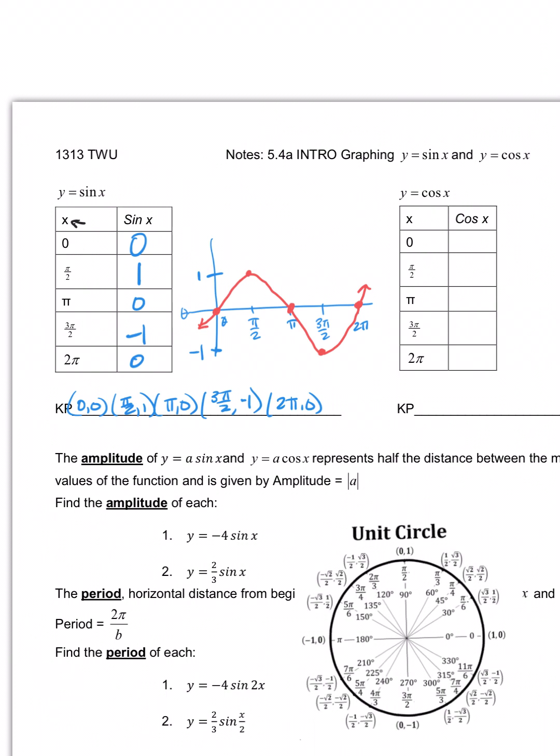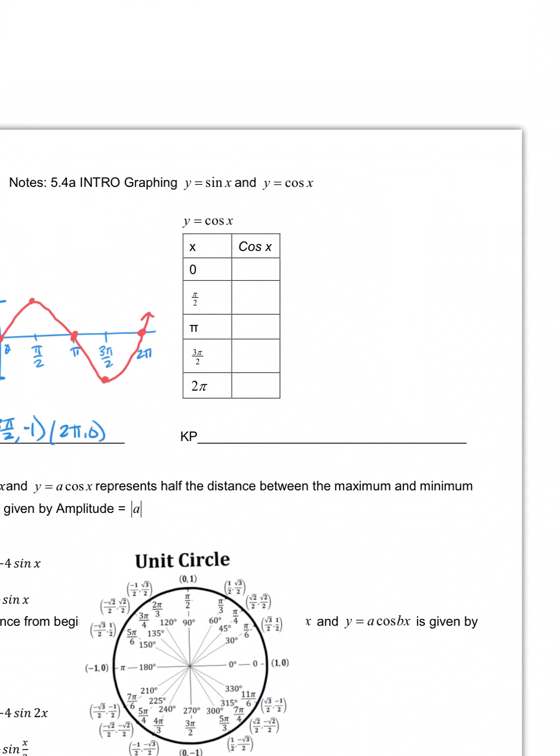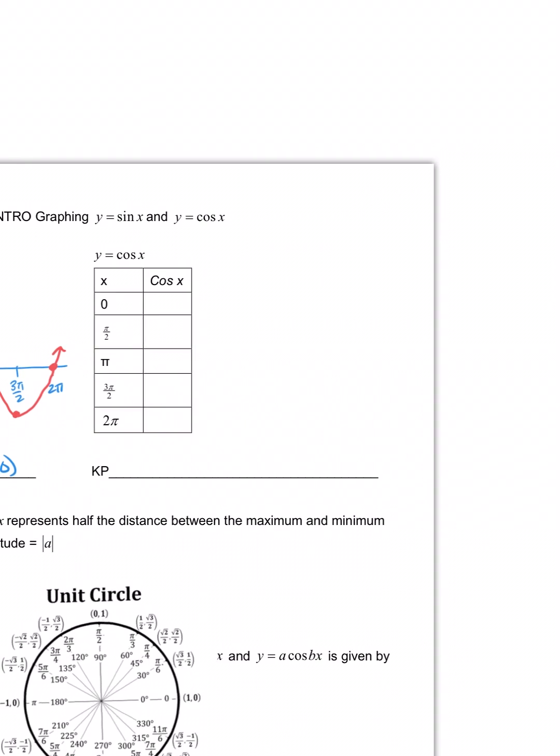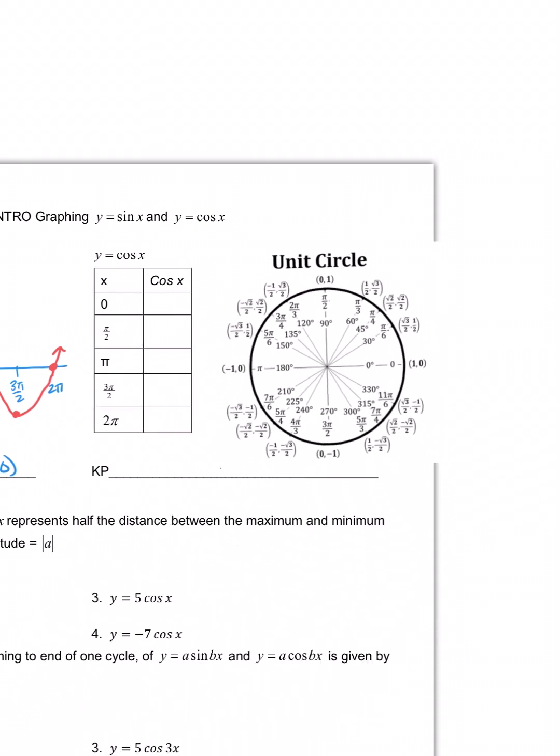Okay, we good to go on to cosine? Okay, so we're going to come over here to cosine, and we're going to go through the same process. Think about your unit circle, and think about my cosine values at the different angles, all right?